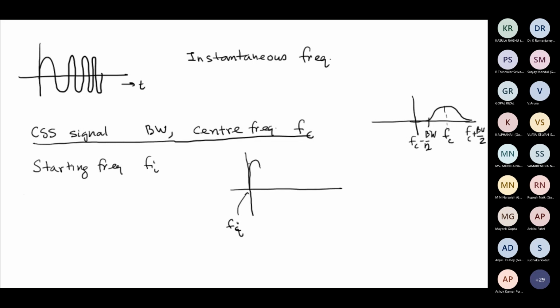Then the frequency of the chirp will increase from Fi until it reaches a maximum frequency of Fc plus Bw by 2. So for example, let's draw it here. We finally reach the maximum Fc plus Bw by 2.